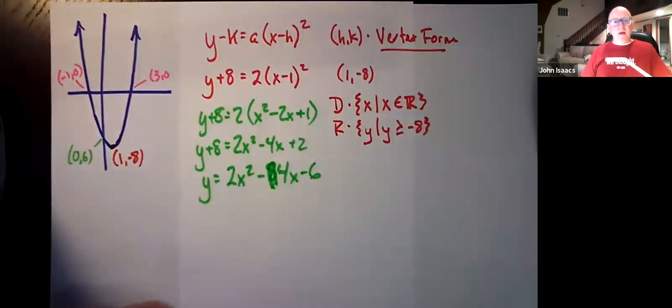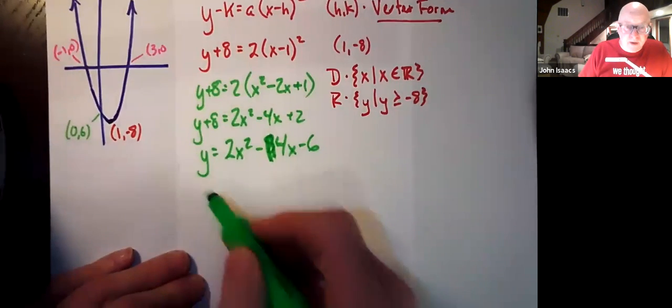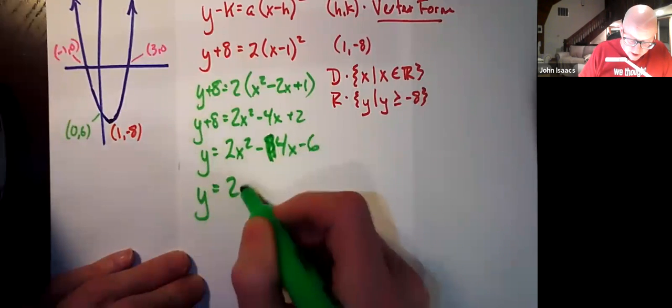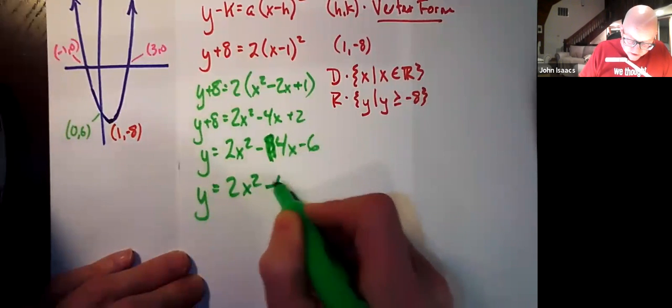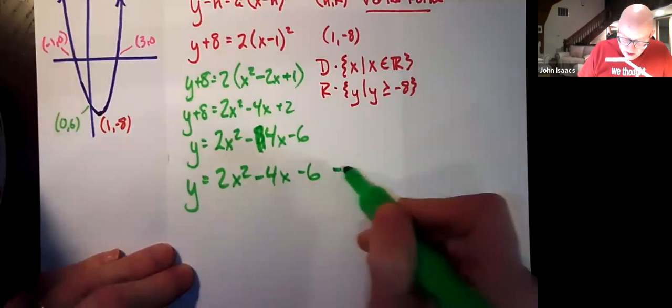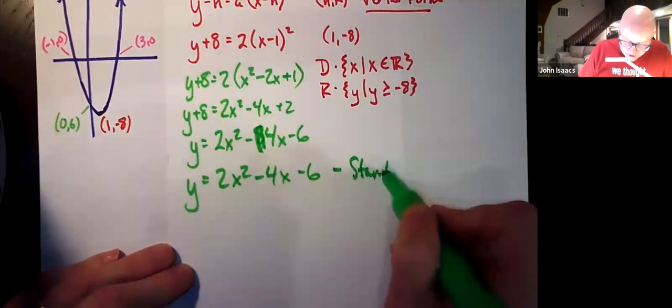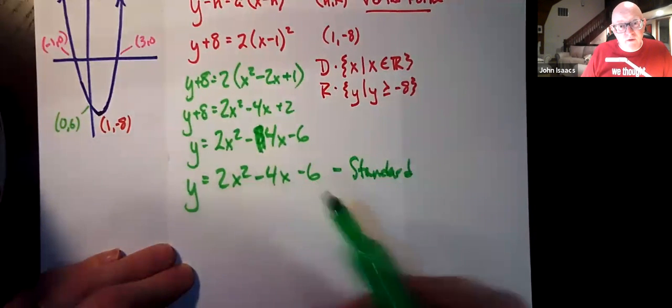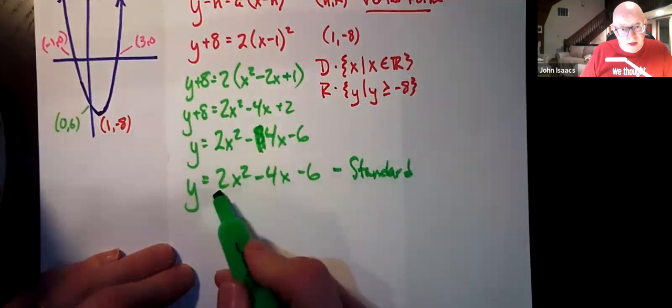Okay, now in this form, let me rewrite it again to make it clear, because I wrote down an 8 when I didn't mean to. Minus 4x minus 6. Okay, so this is called standard form. It's called standard form because the terms are in order. We've seen standard form before. We call this a, the coefficient of x squared.